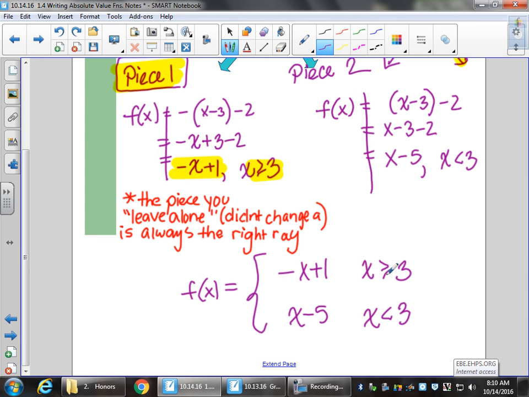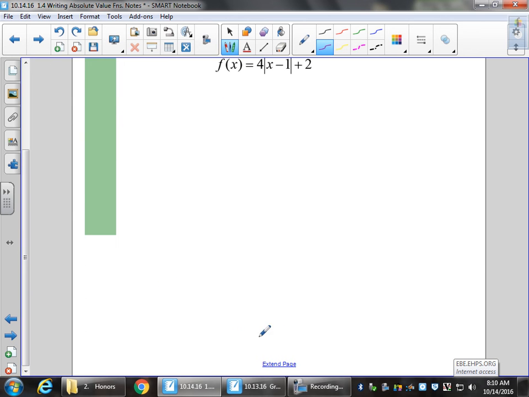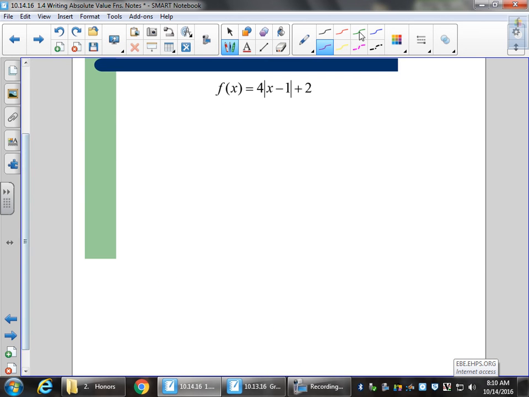They both can't be equal, so we typically assign equality to the first piece. Let's really sound this into our head using our second example. The process does not change. Piece 1: what are we going to do? Don't change anything.